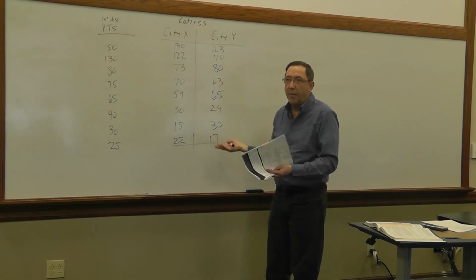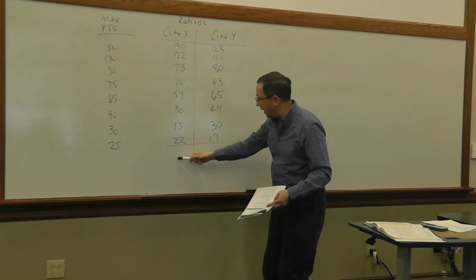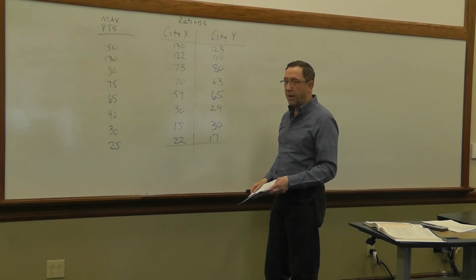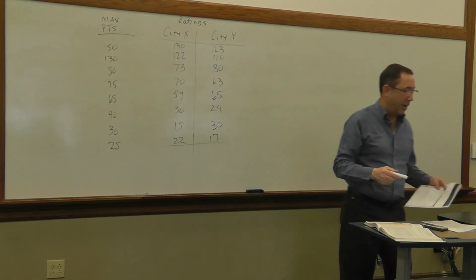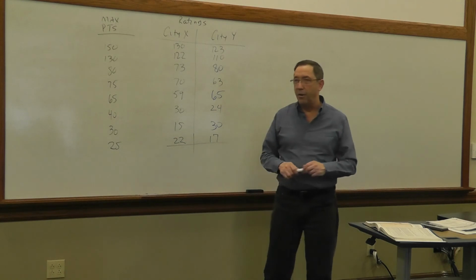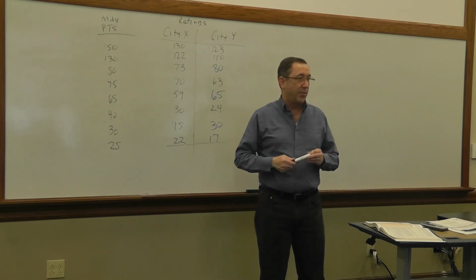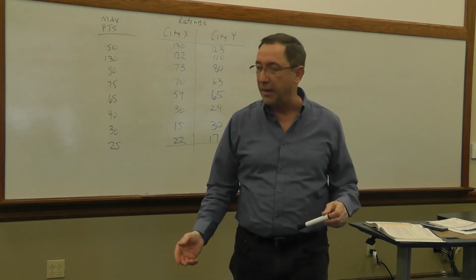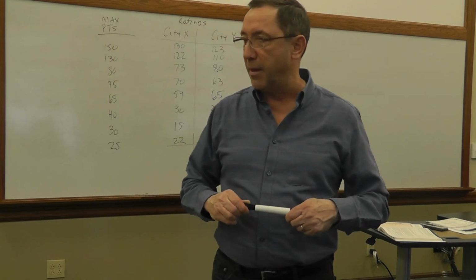So it couldn't make up the difference. You'd find that out if you added both of those up and saw what they are. I don't have them added up, but you could do that, and you'll find out that City X has a higher number than City Y. So in that case, it doesn't matter that we're missing that data, we know that City X comes out on top.